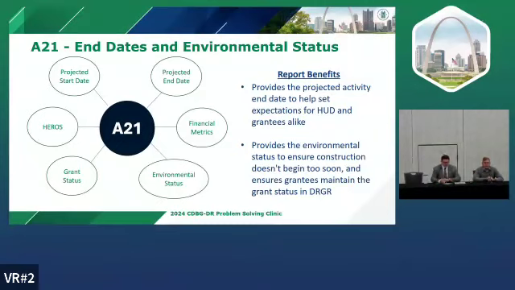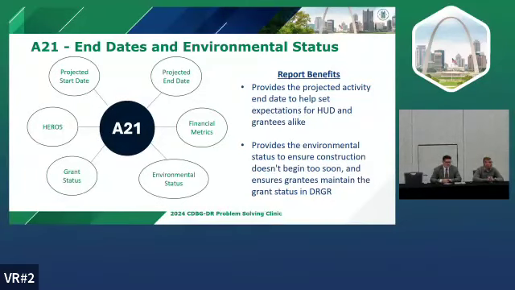A21 report, end dates and environmental status. Basically, the A21 report is everything that you've put in the beginning of your DRGR action plan. It has the time you started your activity, the end date of the activity, and if you completed your environmental.